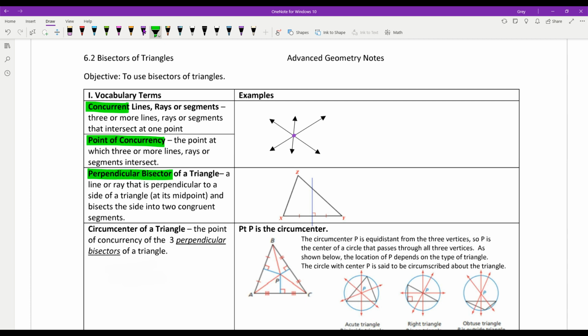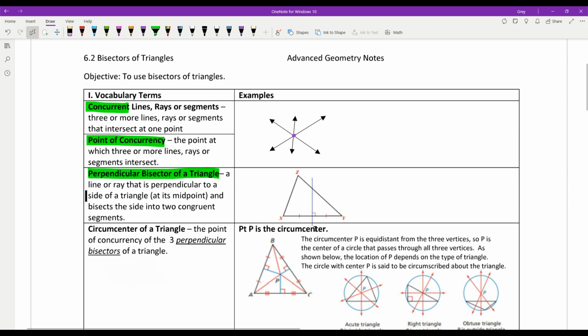A perpendicular bisector of a triangle is any segment, line, or ray that is perpendicular to the side of a triangle at its midpoint. Clearly I've got these two tick marks letting you know that those two are congruent and the symbol showing that it's perpendicular.